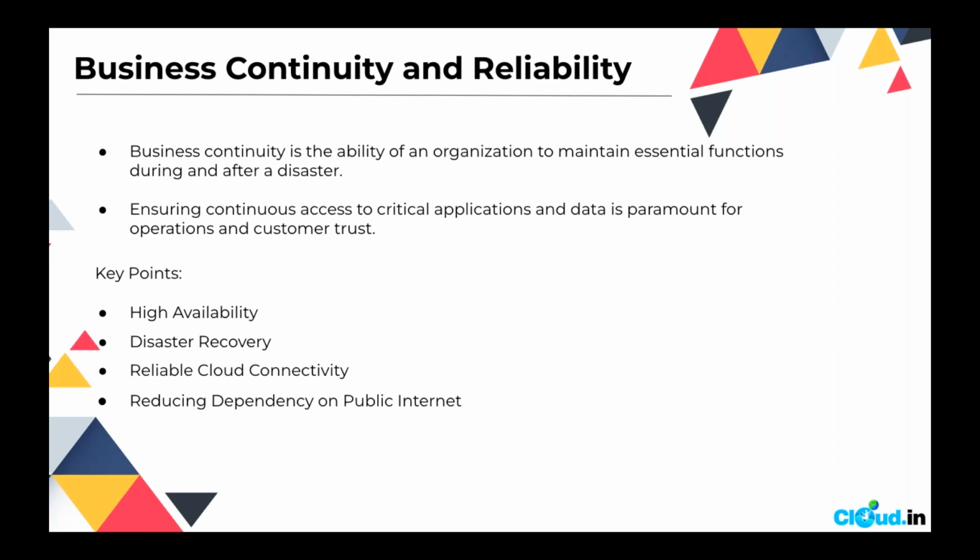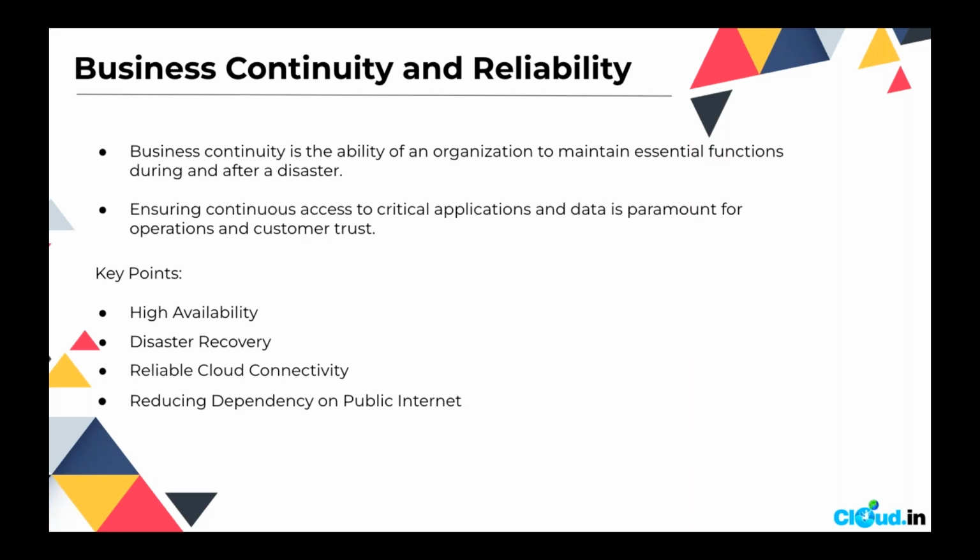There are multiple hybrid structures where you need to have that connectivity established whenever any disaster happens. So in that case, we need to have a private link, or a private secure connection, through which our business doesn't get affected, right? So ensuring that, we need to have this business connectivity.